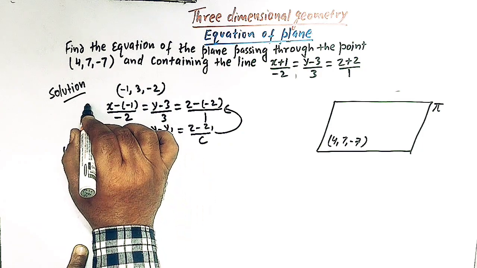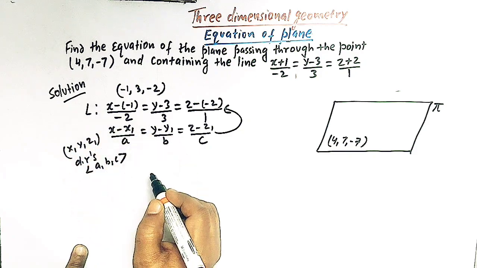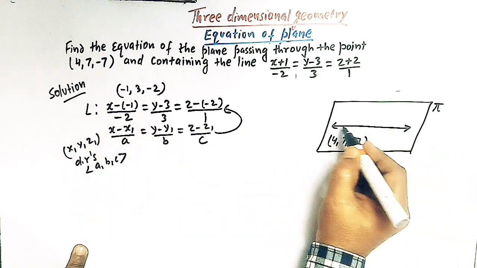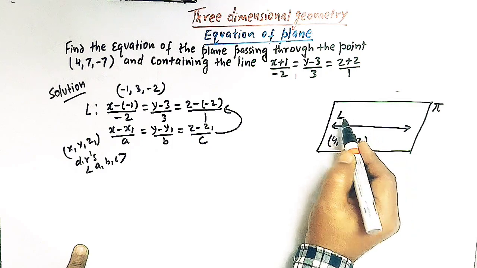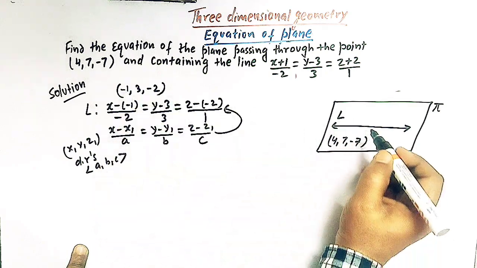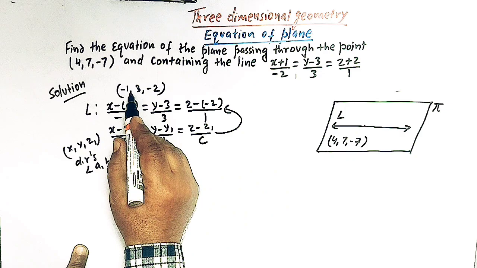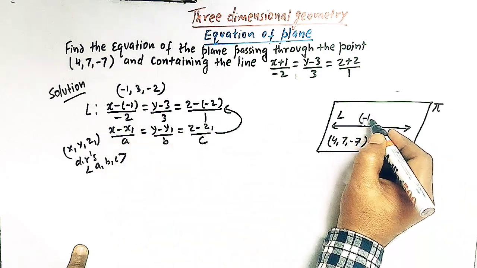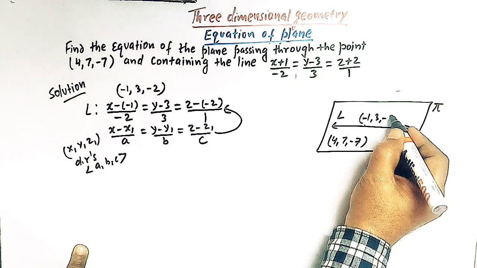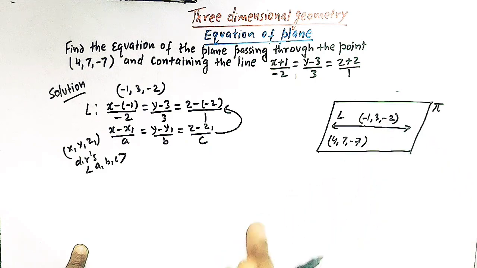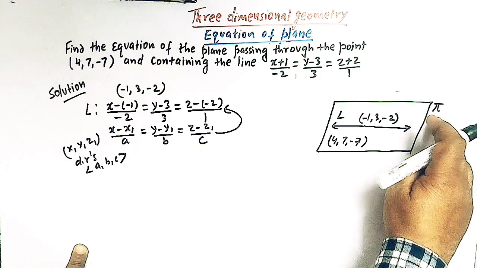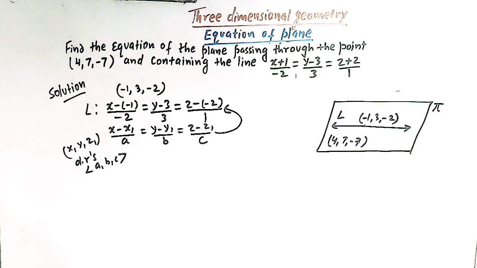So let us denote this line by the letter L. So here we have the line L, and since this line L passes through this point, so this point also lies on this plane, that is minus 1, 3, and minus 2. So now we have 2 points lying on this plane pi.